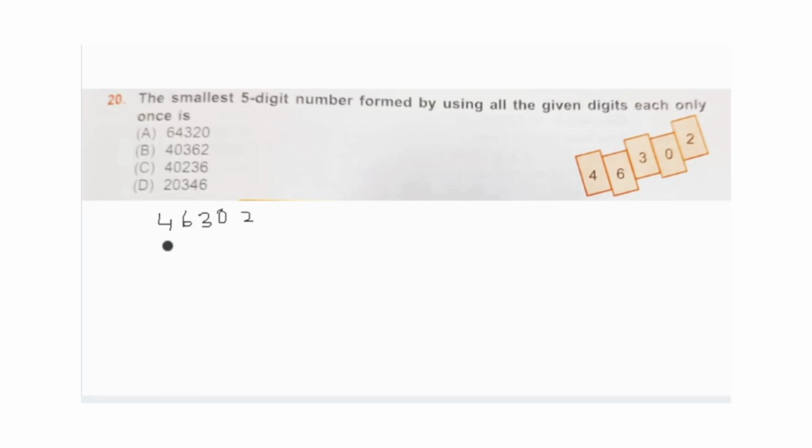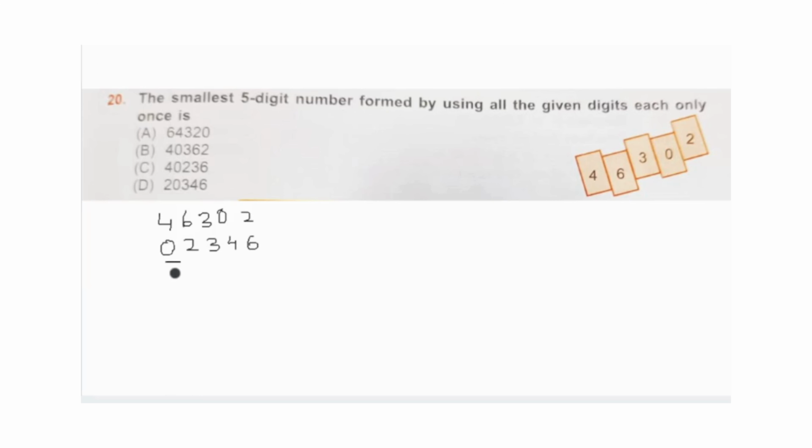Let's write down the first smallest digit, which is 0, then 2, then 3, then 4, and finally 6. If you see this number, it starts with 0, which is not possible. You cannot start a number with 0.